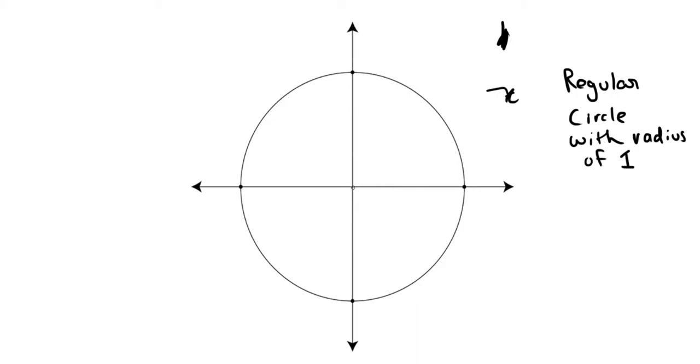If you don't know what that means, it just means that the distance between the center of the circle and any point on the circle is just going to be 1.